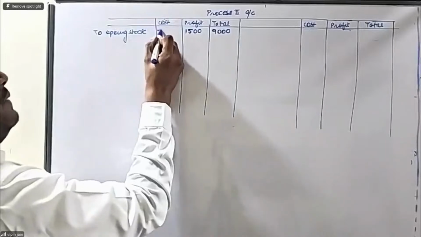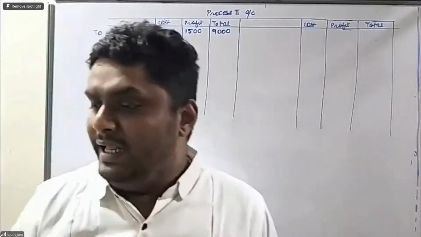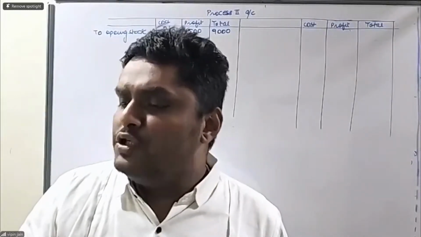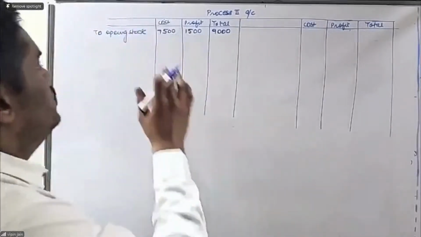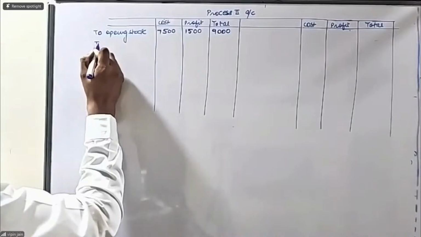So my cost will be 7,500. I repeat again, my opening stock is 9,000 and the inter-process profit included in it is 1,500. So my opening stock cost will be 7,500.